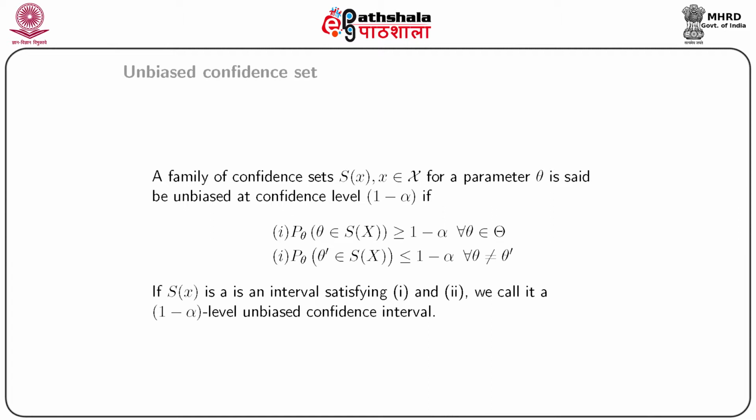A family of confidence sets S(x), where x belongs to 𝒳, for a parameter θ is said to be unbiased at confidence level 1 − α if P_θ(θ ∈ S(x)) ≥ 1 − α for all θ ∈ Θ, and P_θ(θ' ∈ S(x)) ≤ 1 − α for all θ ≠ θ'. If S(x) is an interval satisfying 1 and 2, we call it a 1 − α level unbiased confidence interval.